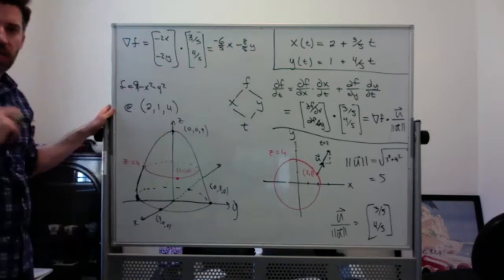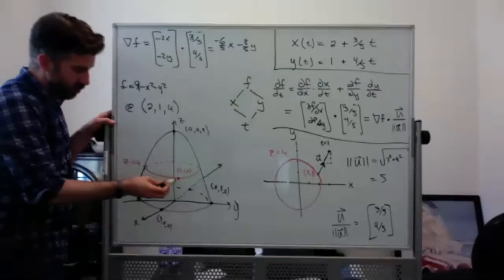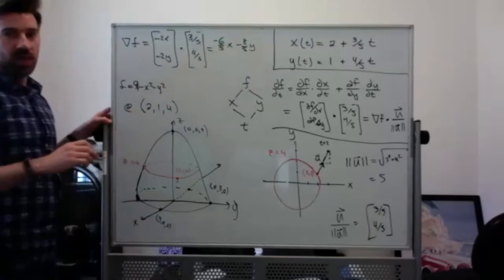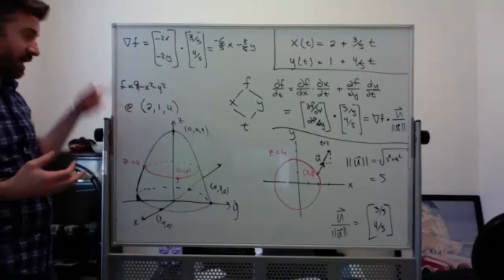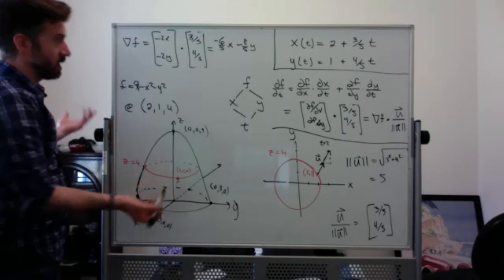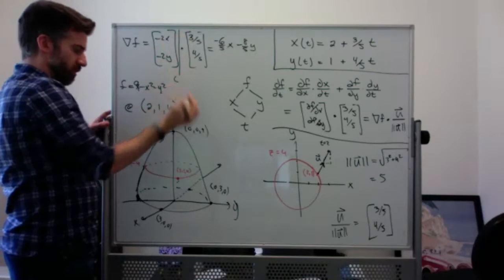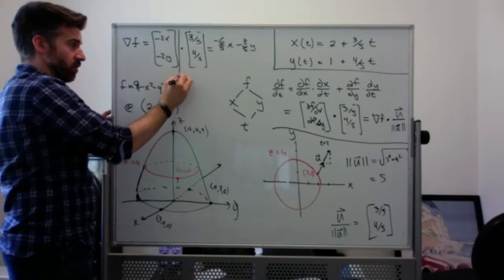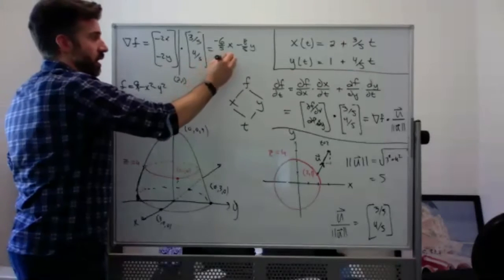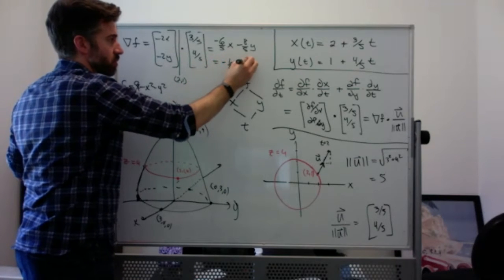I seem to be forgetting something here, which is that I have to actually plug in the point that I'm at. This here would give me the directional derivative at any point on the surface. To find the directional derivative at this point, I actually have to plug in the point we've got, which is x equal to 2 and y equal to 1. If I plug in 2 for x and 1 for y, we get negative 6/5 minus 8/5 times 2.